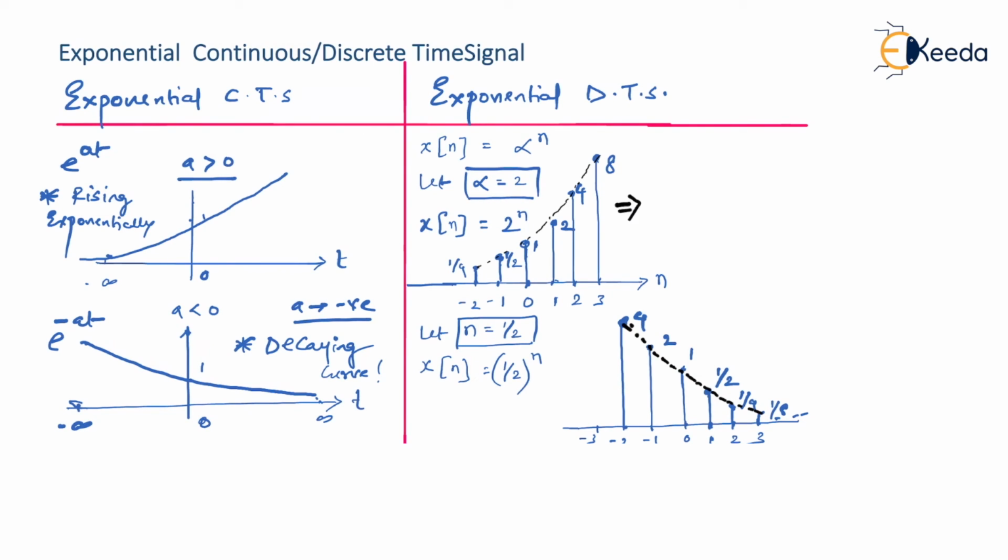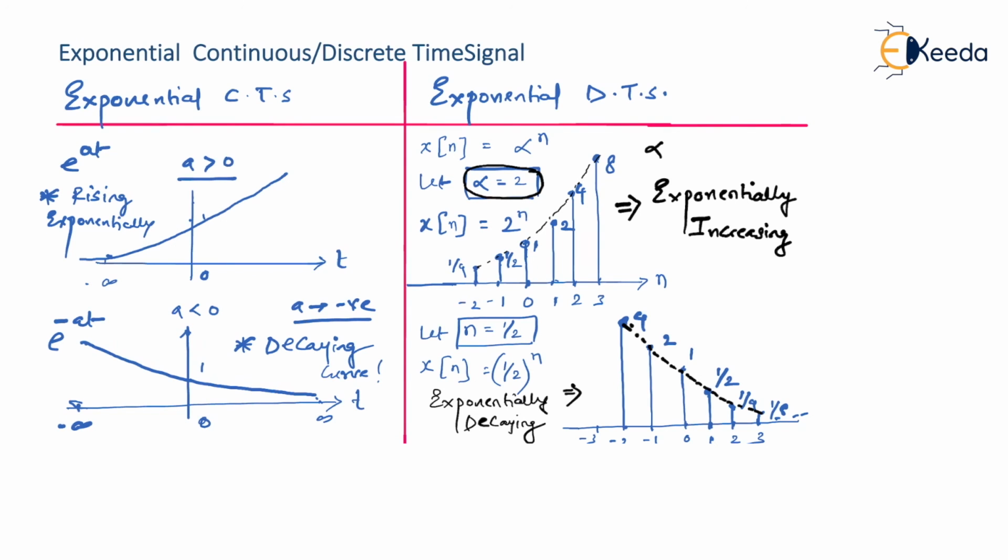So here, what did I get? Exponentially increasing, and here I'm getting an exponentially decaying curve. Always remember, in the first case I got alpha equal to 2. So whenever the alpha value is more than 1, you will always get an exponentially increasing curve.